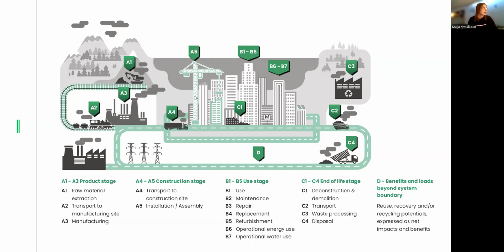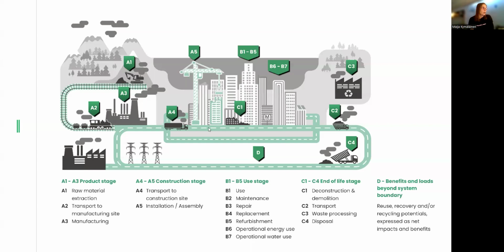So in this picture, we have different modules, and different modules are compiled under certain stages. So the product stage is A1, A2, and A3. So it holds the raw material extraction, transport to manufacturing site, and then the manufacturing of the actual product. And when the product is finalized, we have reached the gate. So this is the cradle to gate assessment.